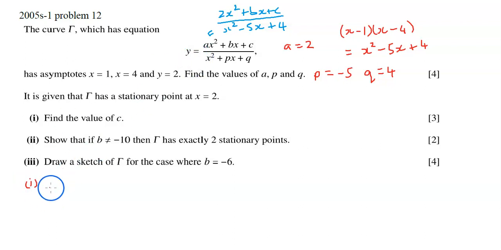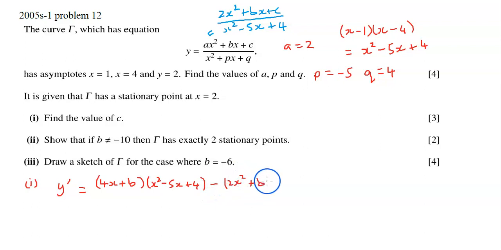So we should differentiate it. y prime is equal to (4x plus b) times (x squared minus 5x plus 4), minus (2x squared plus bx plus c) times (2x minus 5).